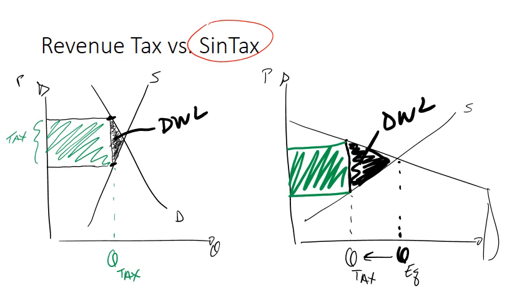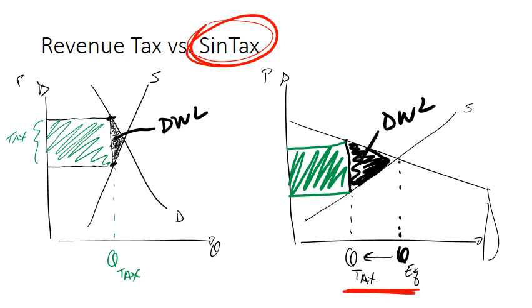But if you're putting the tax into place not for revenue purposes, but because you want to drive out a behavior, then the graph over here on the right actually looks like you're going to be more successful. Because, of course, with the sin tax, the point is to drive quantity down.